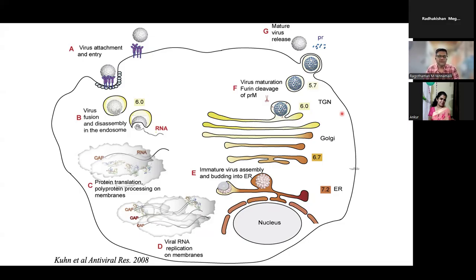And to know that, you need to identify the life cycle, or you need to identify what happens with the particular pathogen. So in this particular case, in 2008, this particular life cycle of the dengue virus was taken from this particular slide.